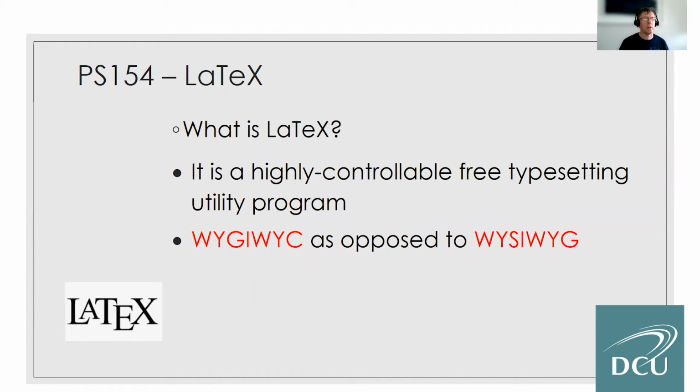LaTeX, on the other hand, is a utility that creates a document by virtue of coding. So what you get is what you code, as opposed to what you see is what you get. So those two acronyms describe, I suppose, the fundamental difference between Microsoft Word and a typesetting utility program like LaTeX.